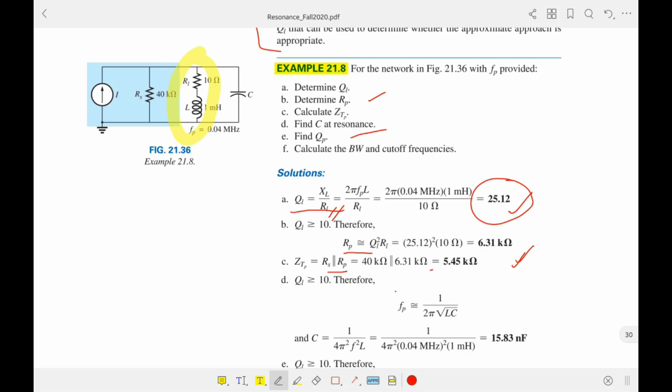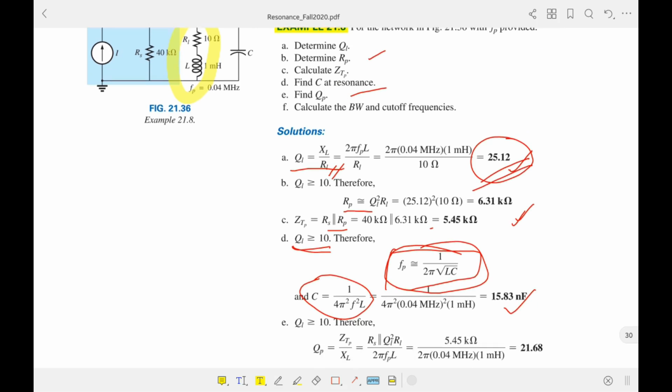You know that at resonance our formula is simplified when we consider QL greater than 10, and we can consider this since this value is 25, which is greater than 10. From this equation we can derive the equation of C just like this, where we can calculate the value of C. Question E asks to find Qp.